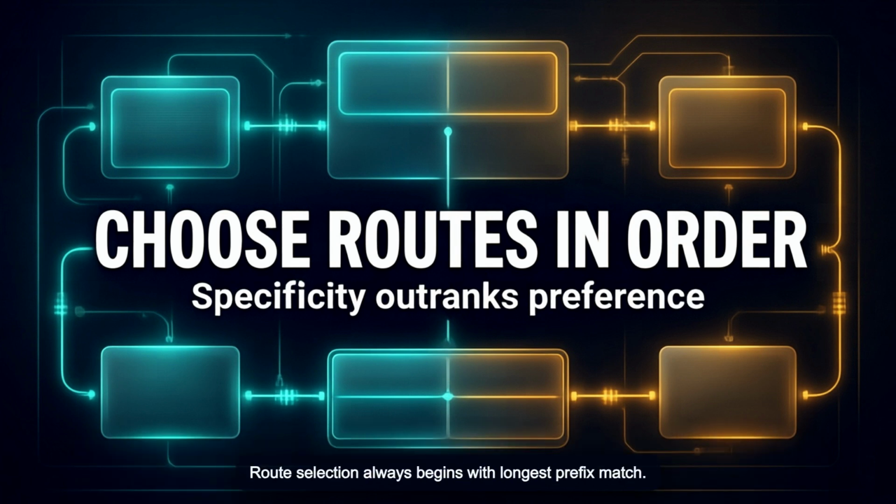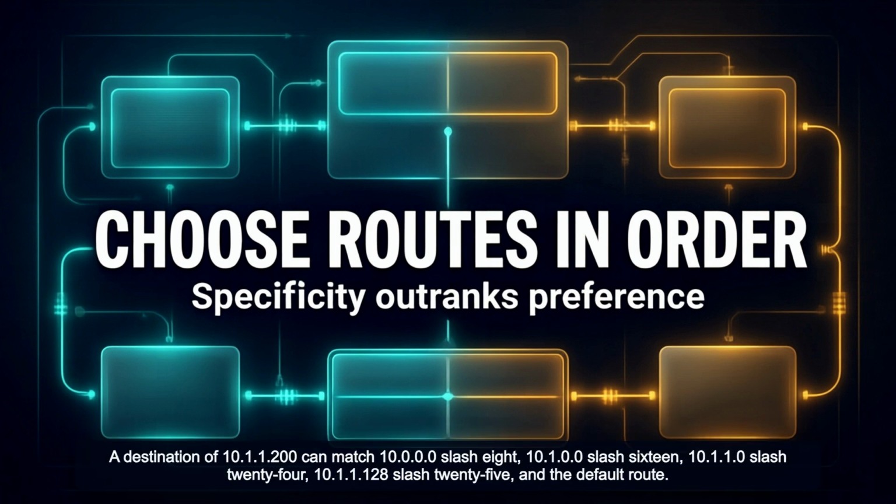Route selection always begins with longest prefix match. A destination of 10.1.1.200 can match 10.1.0.0/16, 10.1.1.128/25, and the default route.